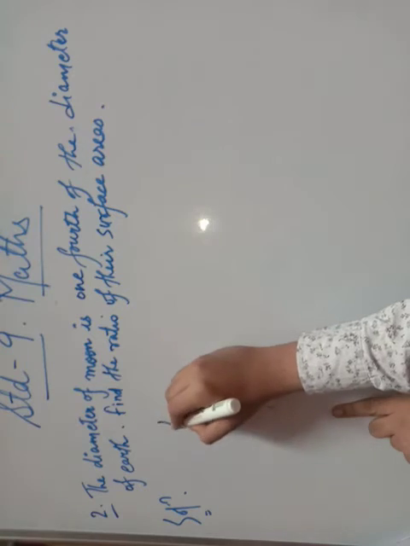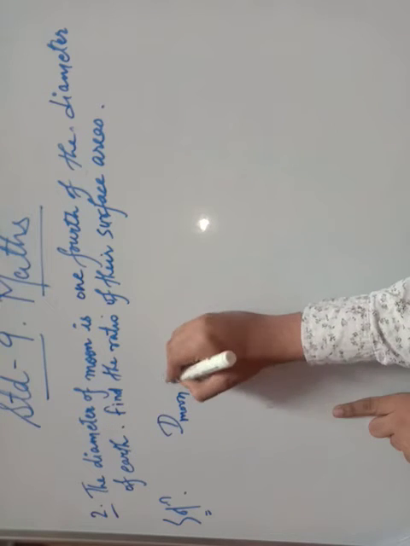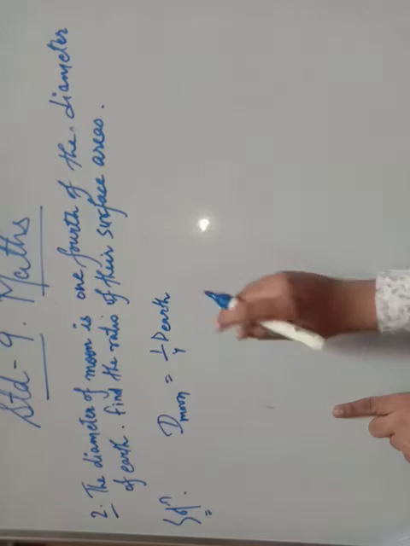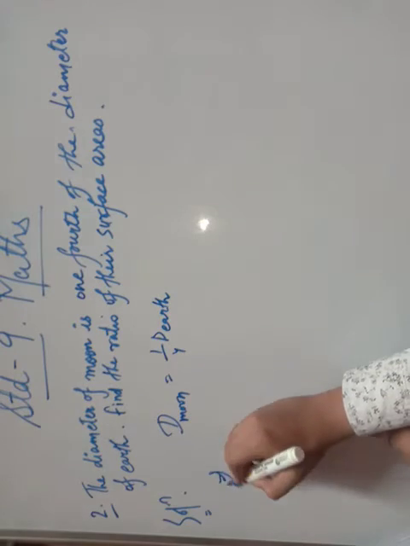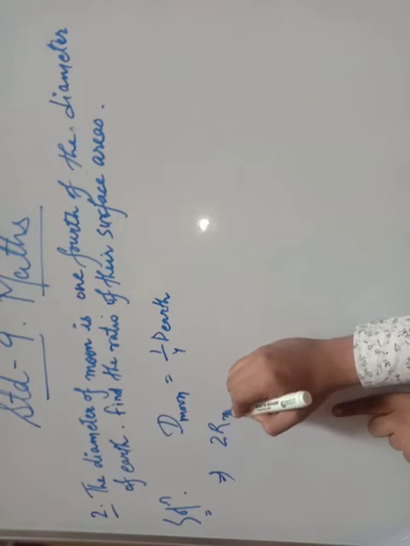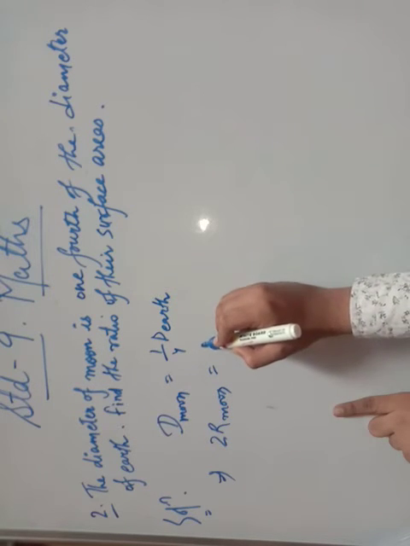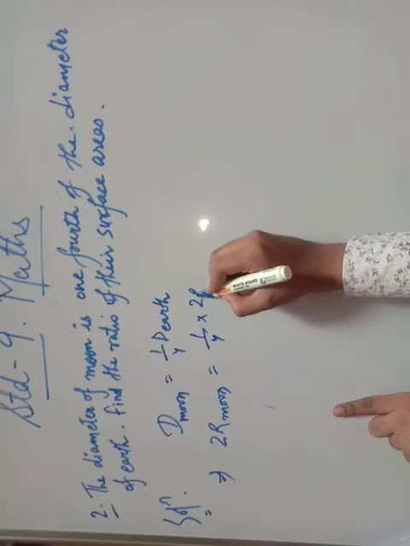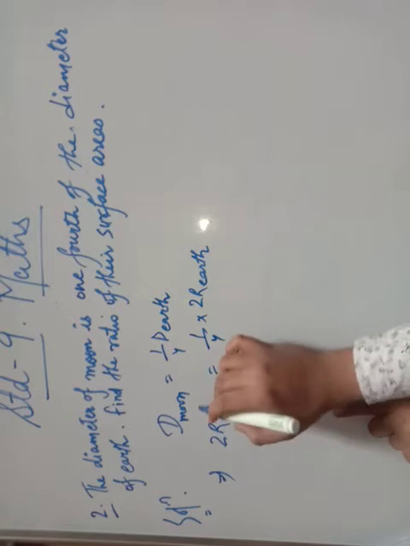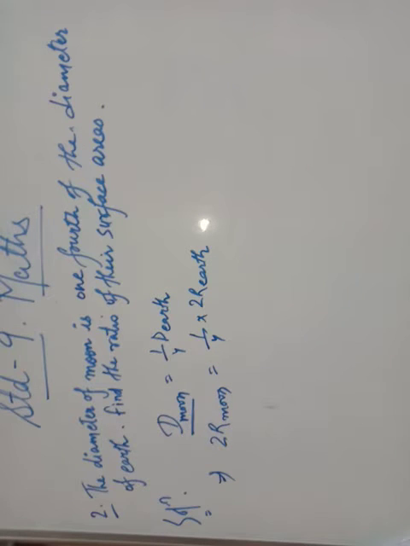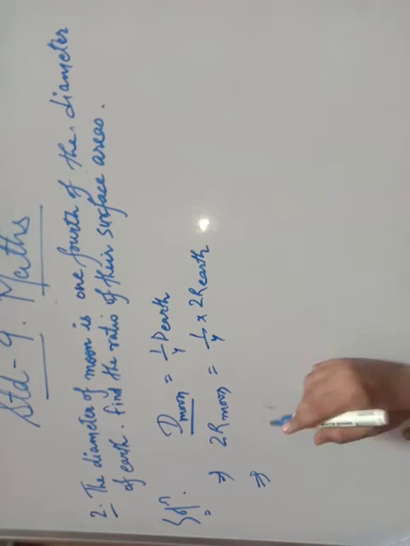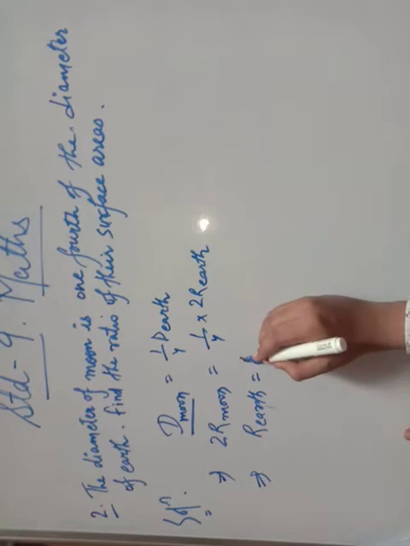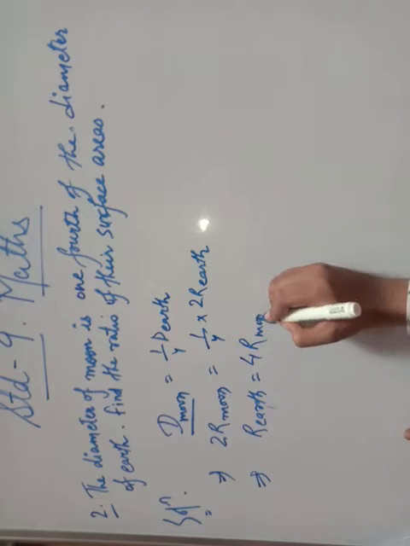Just write that the diameter of the moon is 1/4 that of the diameter of the earth, or you can write it as 2 radius of moon is equal to 1/4 into 2 radius of earth, because we know that diameter is double the radius. After solving this, you get that the radius of earth is 4 times the radius of moon.